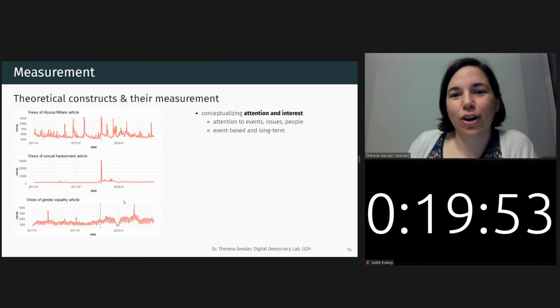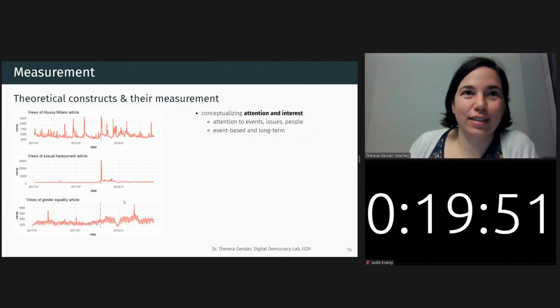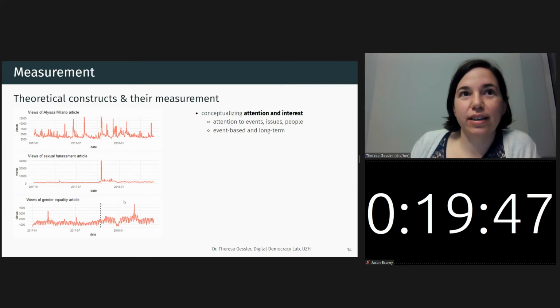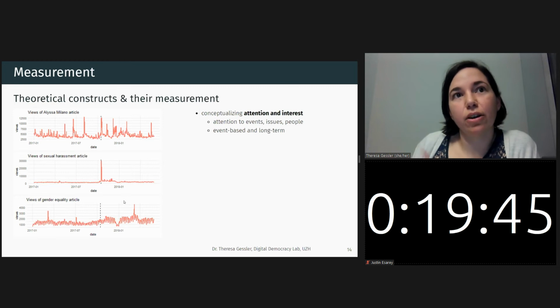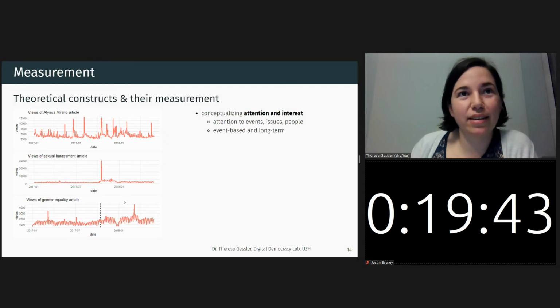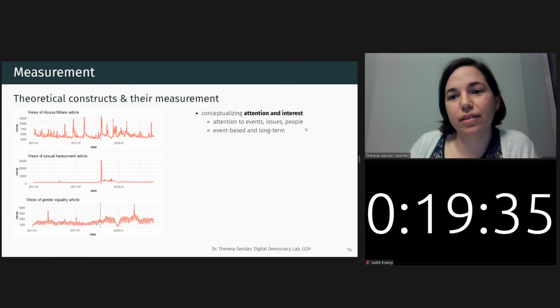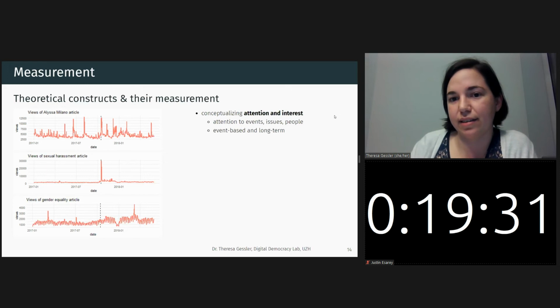A second construct or concept that we might focus on in our research is attention and interest. I've mentioned that a lot of research so far done on Wikipedia has focused on that. So basically it looked at attention to events, attention to specific policy issues, attention to specific people, for example, legislators.